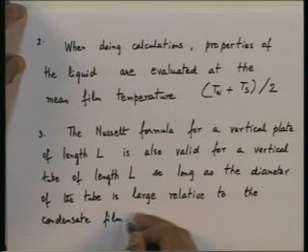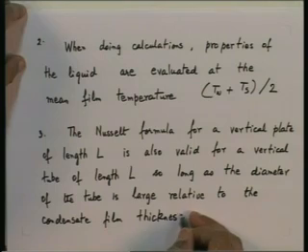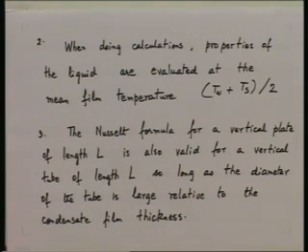Keep this in mind. The Nusselt formula that we have derived for a vertical plate is also valid for a vertical tube, so long as the diameter of the tube is large relative to the condensate film thickness.